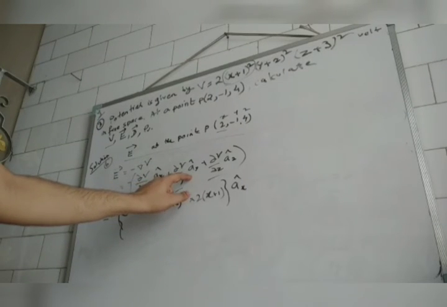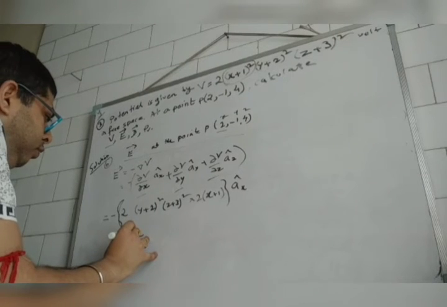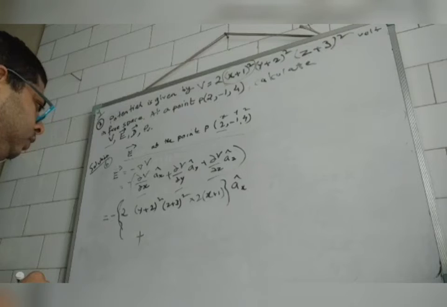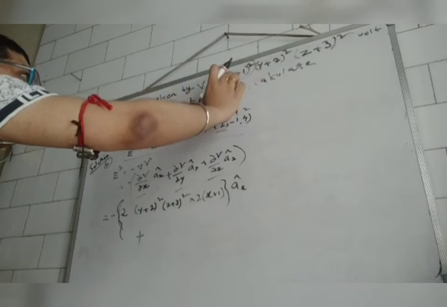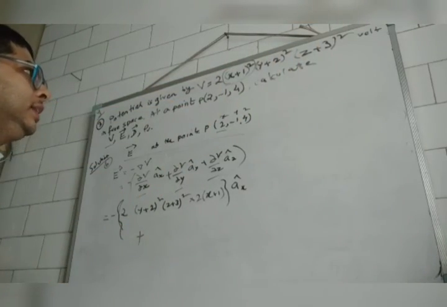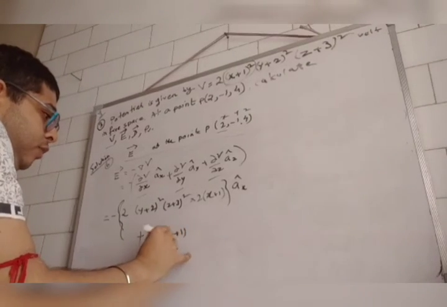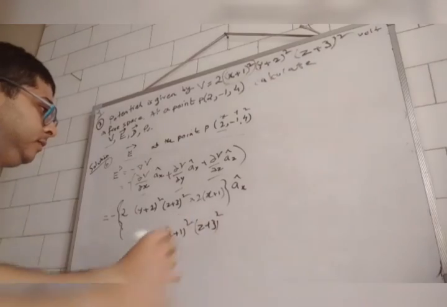Similarly, we can calculate this one. So what will we have? So del v del y, that means this time this 2 will act as a constant, this x and z term will act as a constant. So we will have (2x+1) whole square, (z+3) whole square.